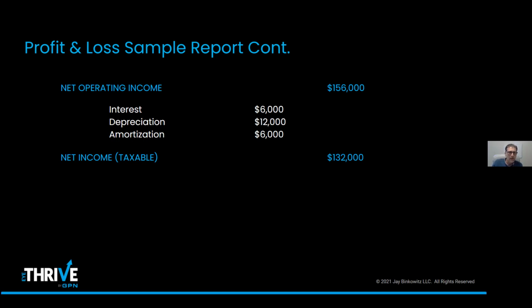Amortization is exactly the same as depreciation, but it is for non-tangible assets, things that are not equipment or fixtures within our office, but things like goodwill or software, things that we can't touch and feel.